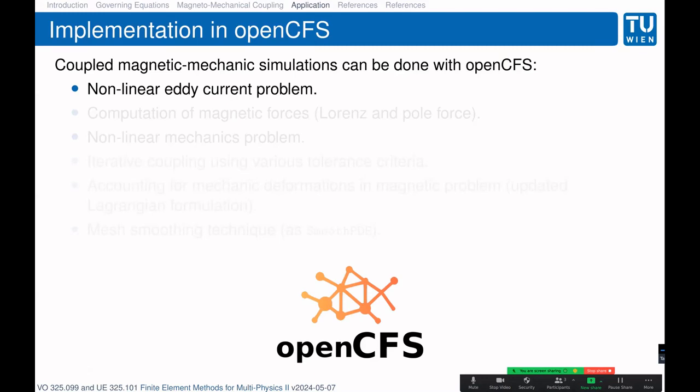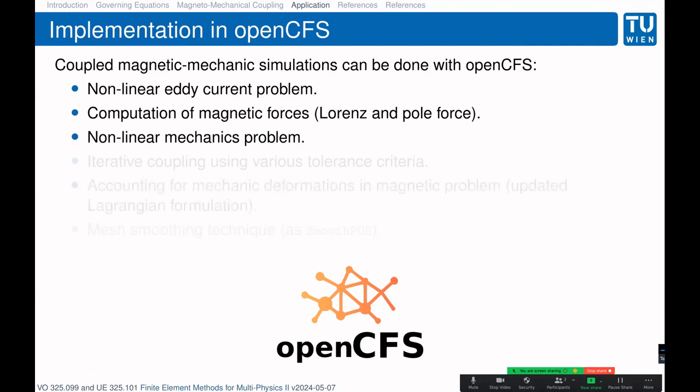If you actually want to implement it or use this, there's a lot of implementation in openCFS, so we can do nonlinear eddy current problems. We can compute magnetic forces, so Lorentz and pole forces are currently implemented. You can solve nonlinear mechanical problems, and you can do iterative coupling between the fields via various tolerance criteria.